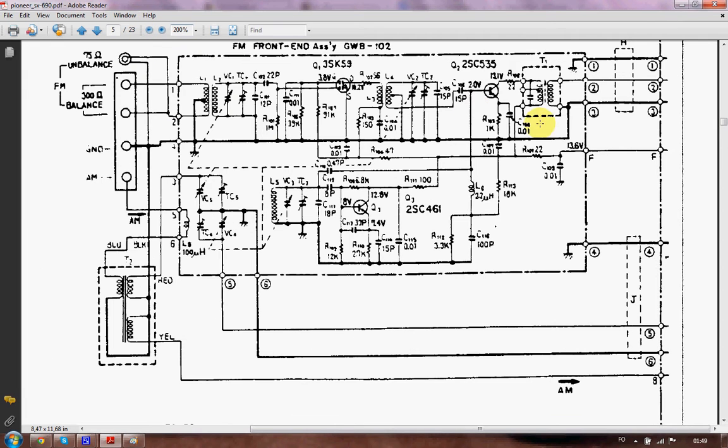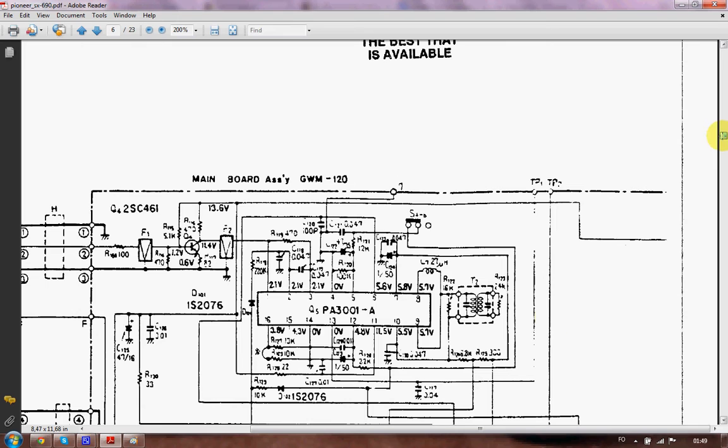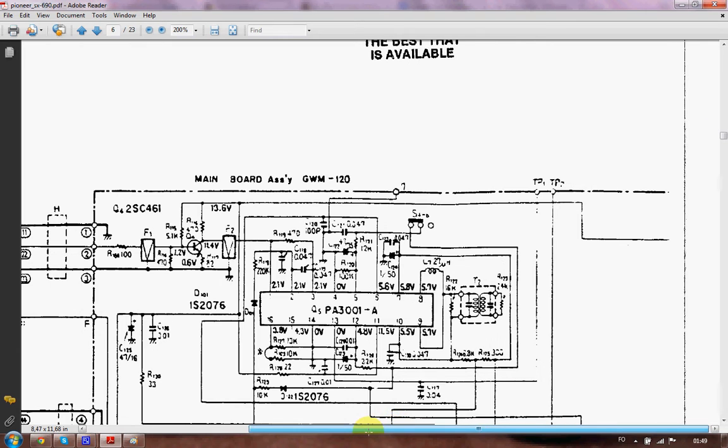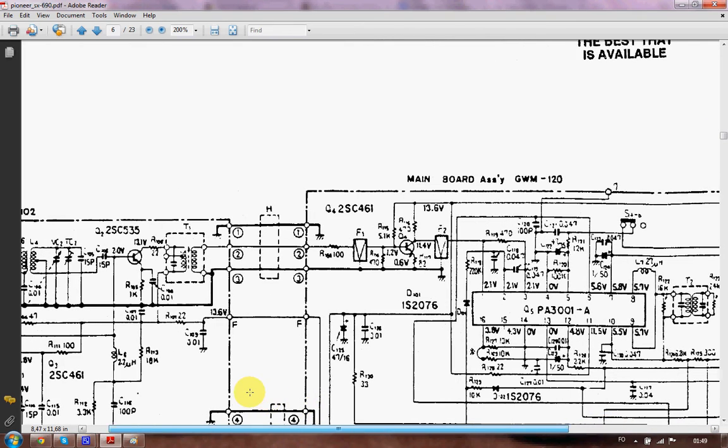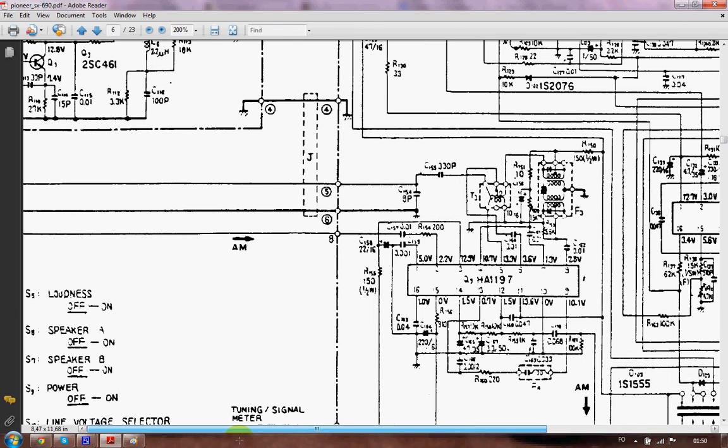If we go further down here, you can see AM and a big arrow where it goes. That must be where AM comes in and where it initially enters the amplifier circuit.